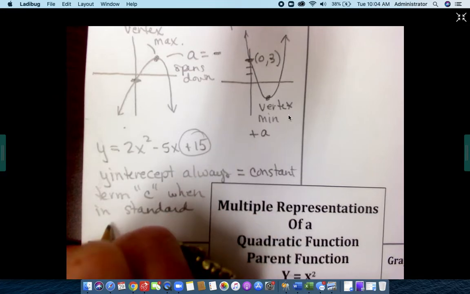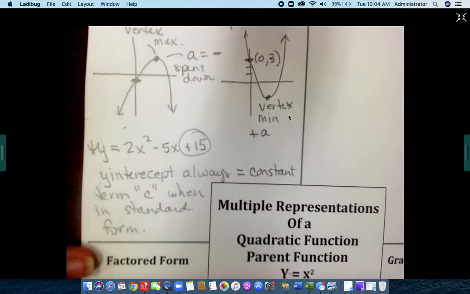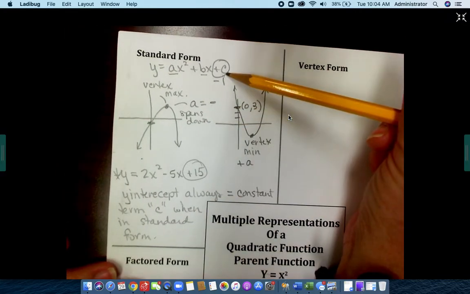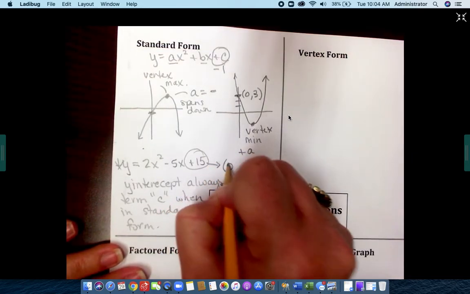So that's the big idea I need you to get from standard form, that automatically a key feature we can identify from standard form is our y-intercept, which would be 15.